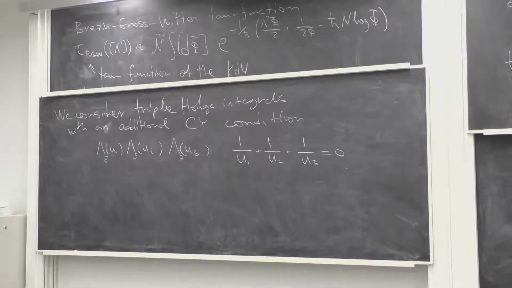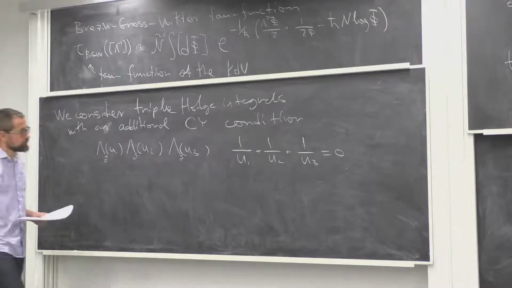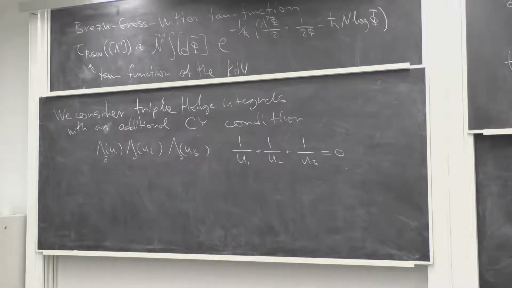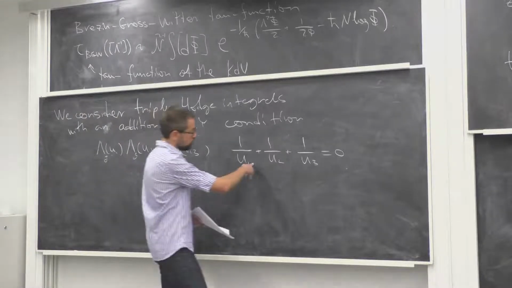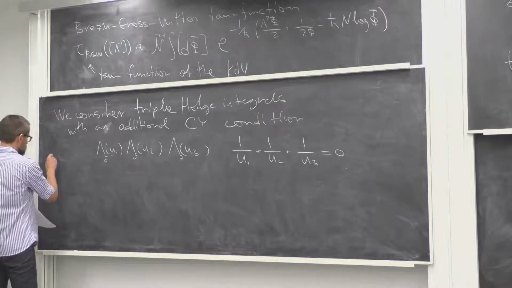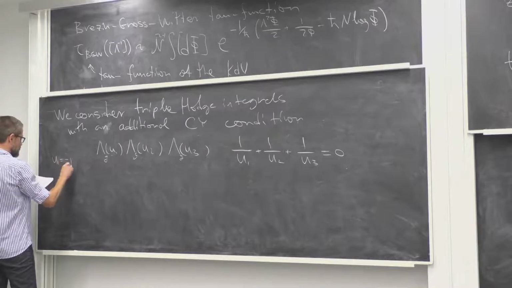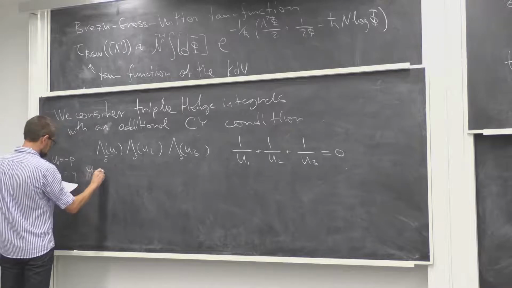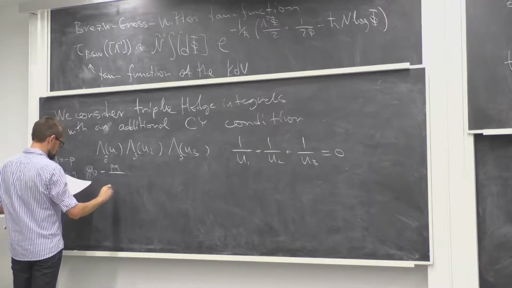And so the point is that these integrals are closely related to the so-called topological vertex, which describes the topological string models on three-dimensional Calabi-Yau manifolds. And here we have two independent parameters, so we will introduce u1 equal to minus p, u2 equal to minus q, so u3 should be equal to q over p plus q.